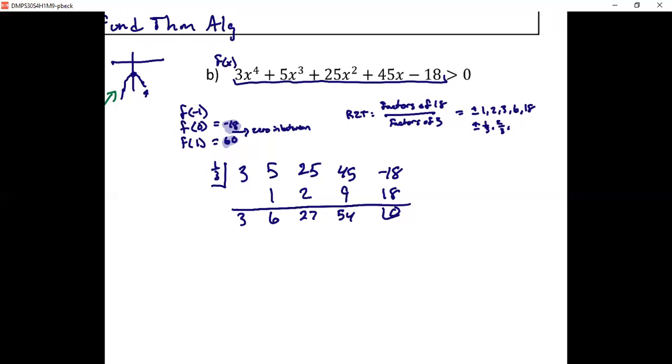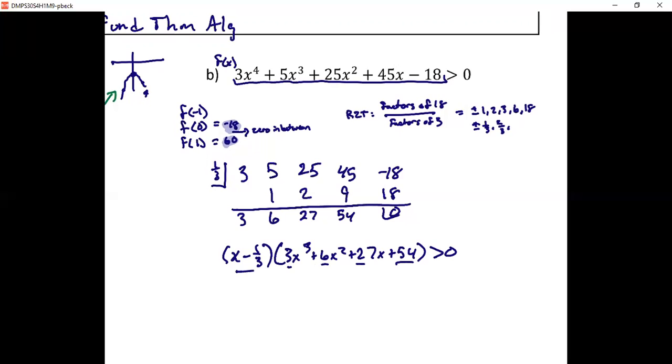Now that I used my 0 of 1/3, this turns it into x minus 1/3 times 3x cubed plus 6x squared plus 27x plus 54, and that has to be greater than 0. Now, if you notice, there is a 3 that is part of each one of those.